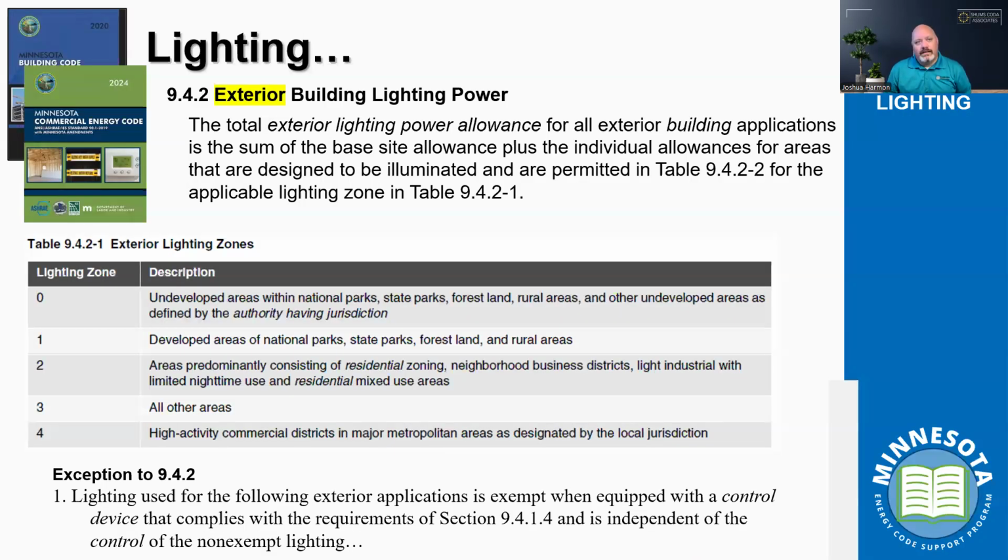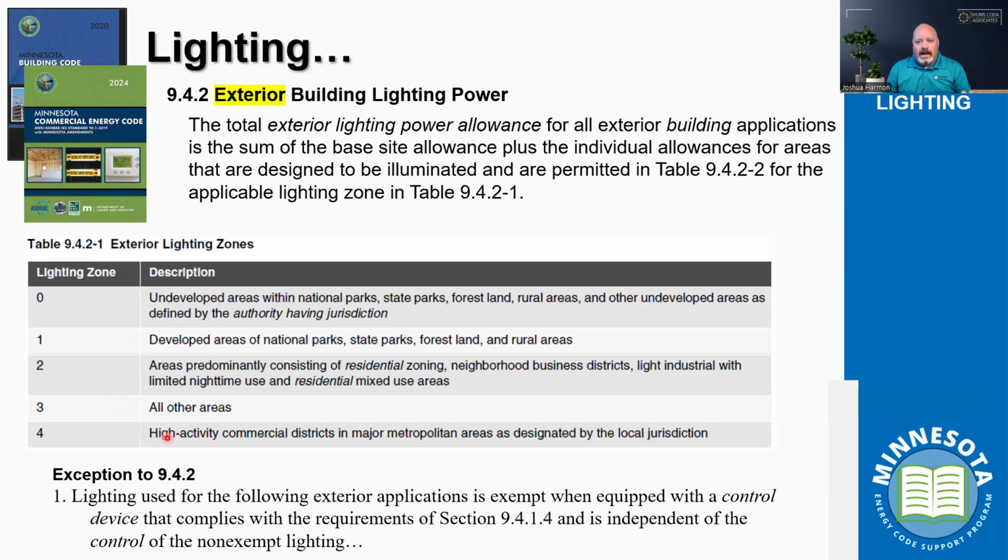Same concept when we apply it to the building exterior. What we're going to do is identify a lighting zone. Now, sometimes people confuse this with zoning and land use calculations, and sometimes you can incorporate the two. But for lighting zones, you're going to use Table 9.4.2.1 to designate what description best represents the area of the building, right?